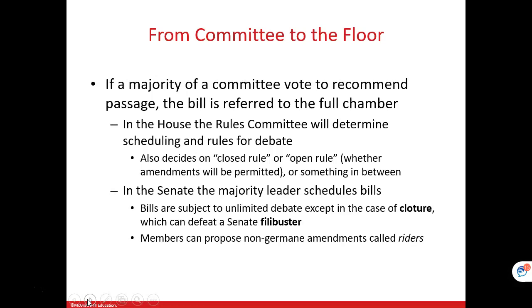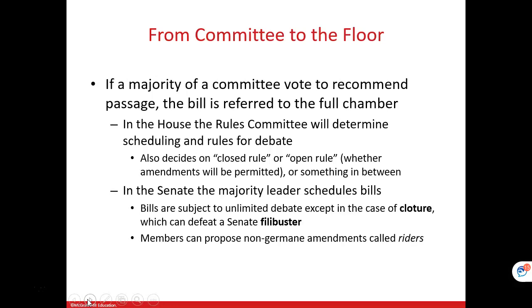If it is open, the bill can be amended while you're in debate. Now, certainly if you introduce the bill, and members of Congress are the only ones that can introduce bills. Presidents can't even introduce bills. You have to be a sitting elected member of Congress to introduce the bill. If you introduce the bill, you certainly want it to have a closed rule. You don't want people amending it at the 11th hour.